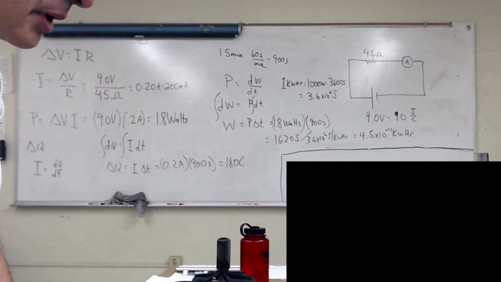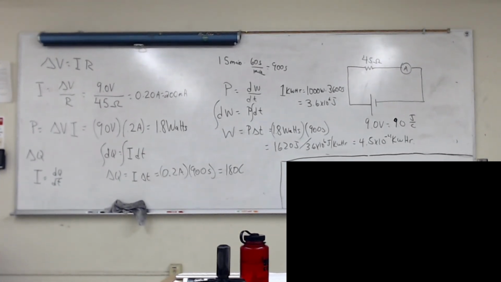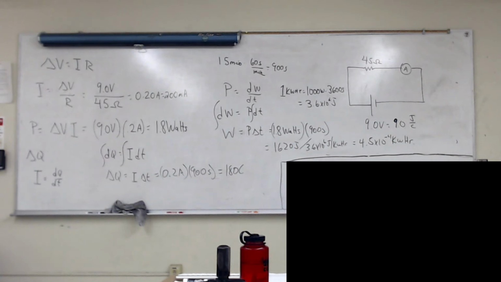So we've talked a little bit about circuits. Basically, a circuit where you just have one resistor in it or one bulb in it, and that's it. Now we're going to start building more complex circuits and analyzing them.